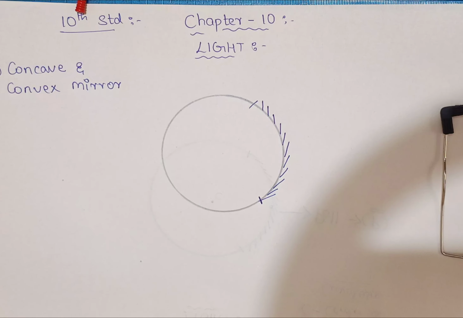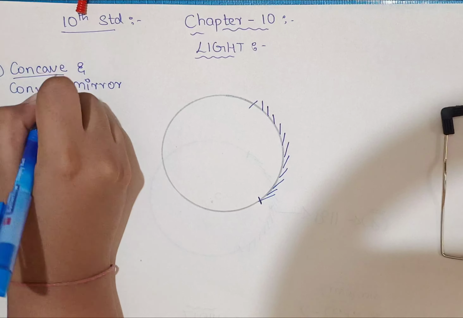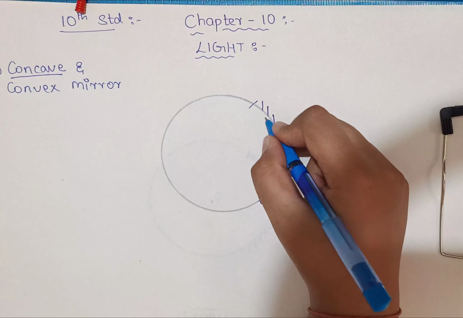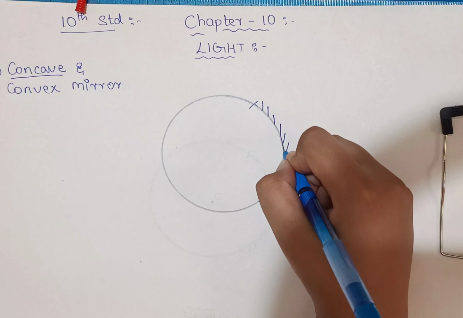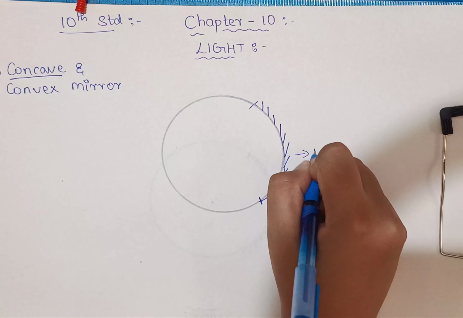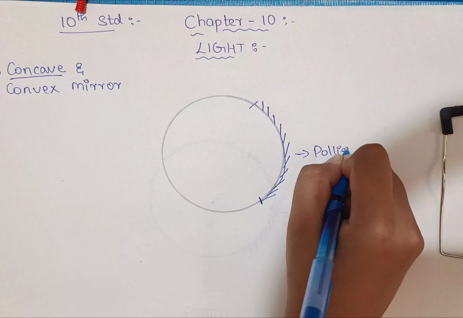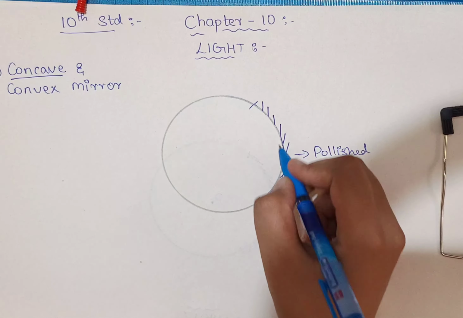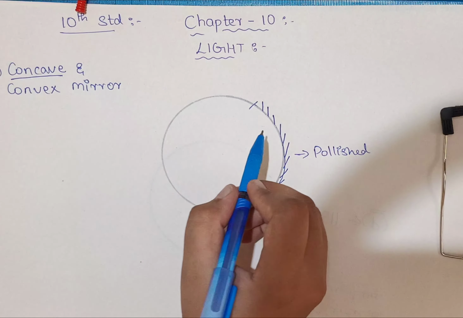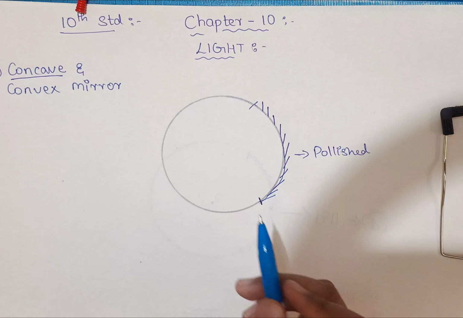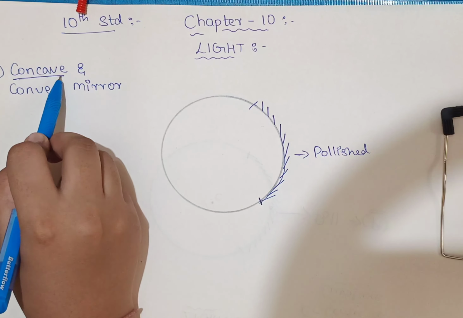When the outer surface is polished and the inner surface is reflecting, that is known as a concave mirror. See, this outer surface is getting polished and the inner surface will get reflected. That is known as a concave mirror.